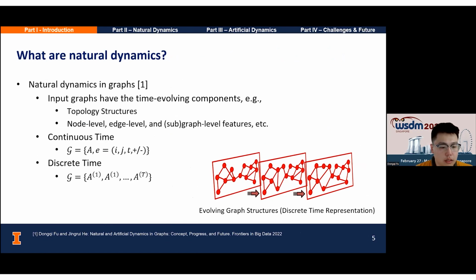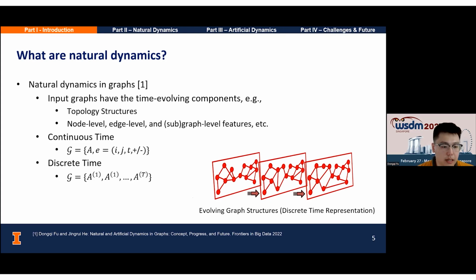So for your question, what about newly inserted nodes? During research, the common solution is that we assume the same dimension across the time steps for dimension consistency. A newly inserted node will be a dangling node in the past. So this is the solution for discrete time.